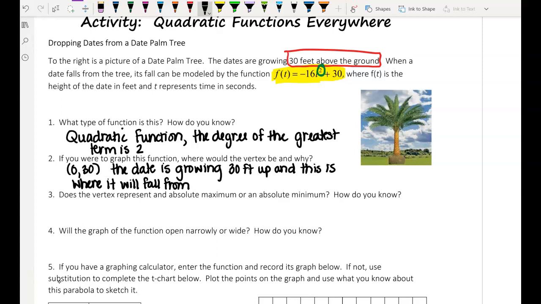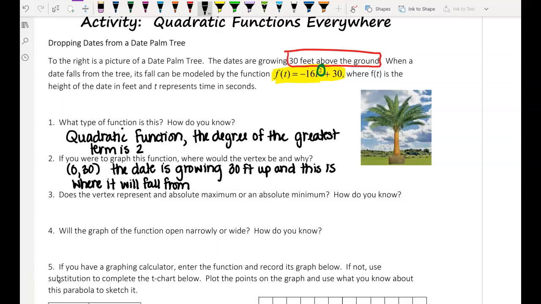So our vertex, the date can't get any higher than 30 feet. And it doesn't fall up, it falls down. So the highest that our function could be would be 30 feet at time 0, because at time 0, it hasn't fallen from the tree yet.